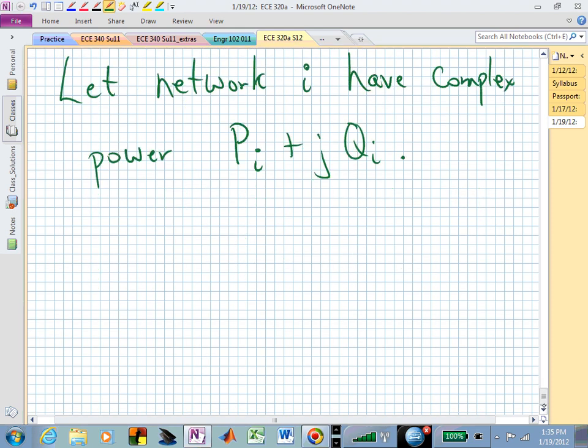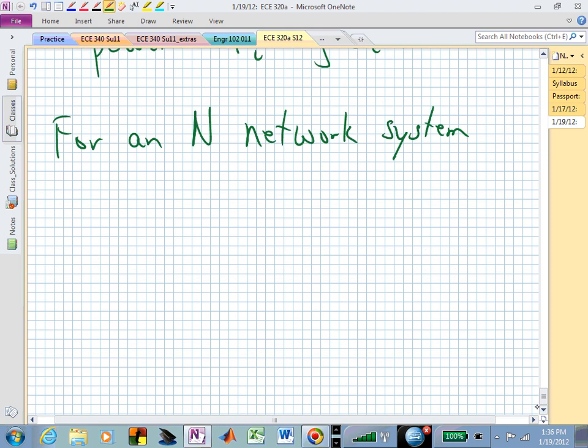If I generalize that to capital N, N is in New Mexico, then if I want the total real power of that system, P sub T, all I have to do is add up all of those individual pieces.